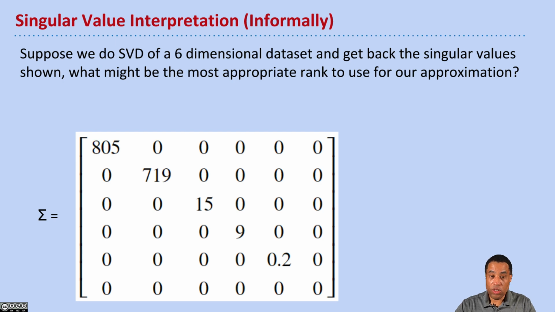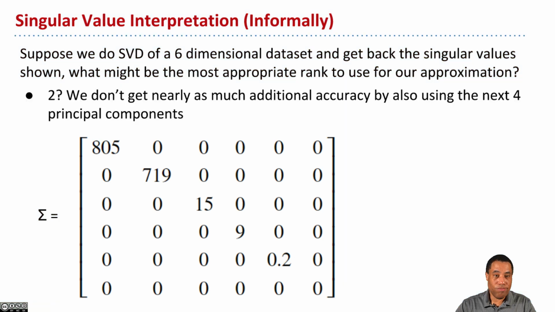Okay, well, if we just look at it, we know it can't be 6 because the sixth singular value is 0. And if we look at the fifth, well, it's 0.2, which is relatively close to 0. And especially when we look at the first two, they're really large, right, relative to all of the other singular values.